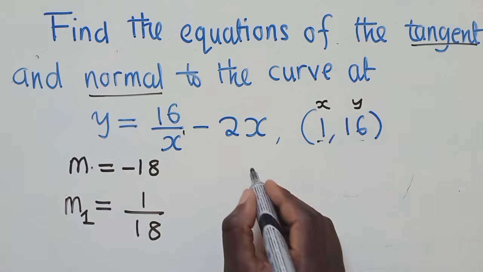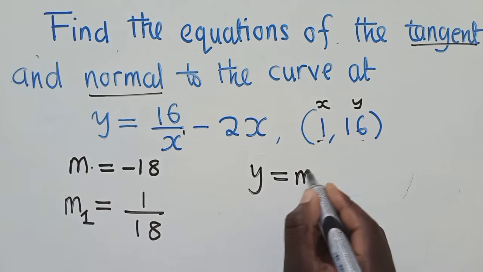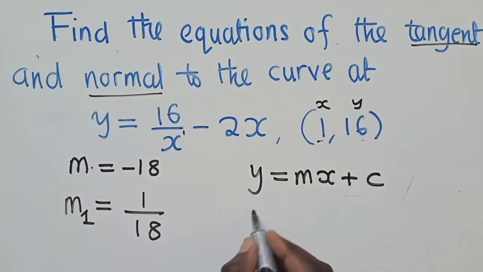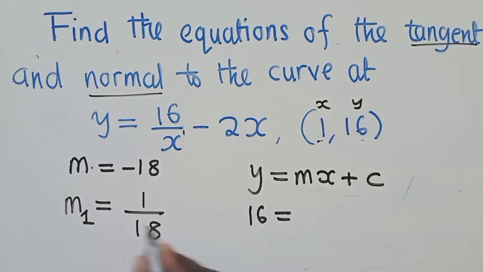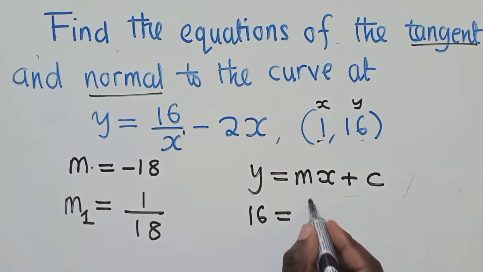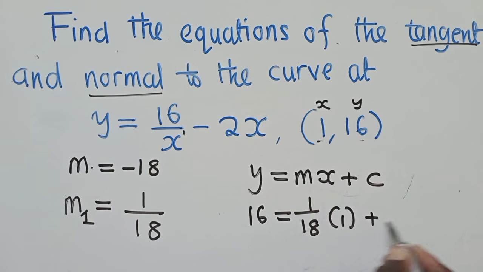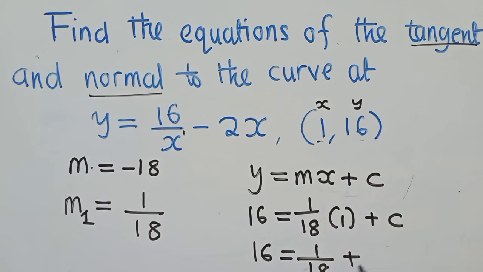So after doing that, you now use the formula for finding the equation of a straight line. So y is 16, which is equal to m. Now this is m1, it will be 1 over 18, times x which is 1 there, plus c. You work out, you have something like this.